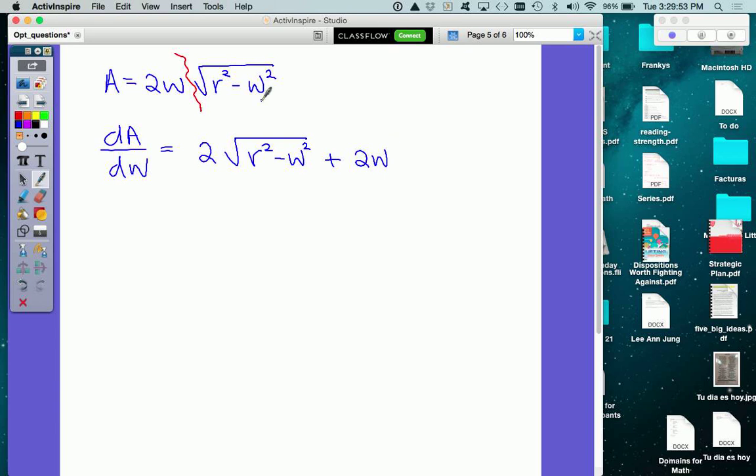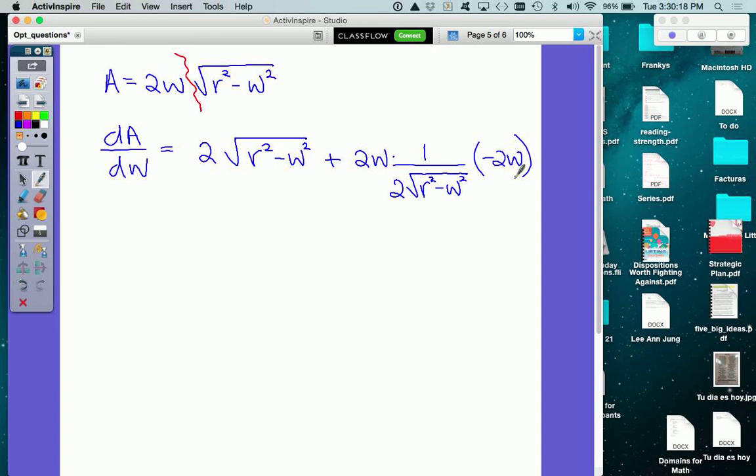This is of the form root box, and the derivative of root box, of course, is 1 over 2 root box d box. So this is going to be times 1 over 2 times the square root of r squared minus w squared, times the derivative of what's inside that radical. And in that radical, I have a negative 2w coming out.